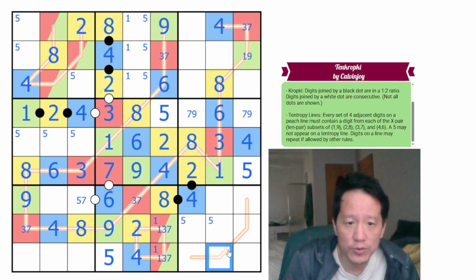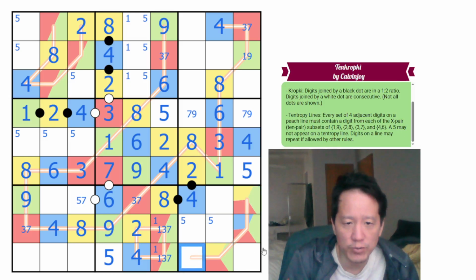This cannot be blue. So this is green, red, or yellow. This can't be yellow, so this is green, red, or blue. This can't be blue. So this is green, red, or yellow.